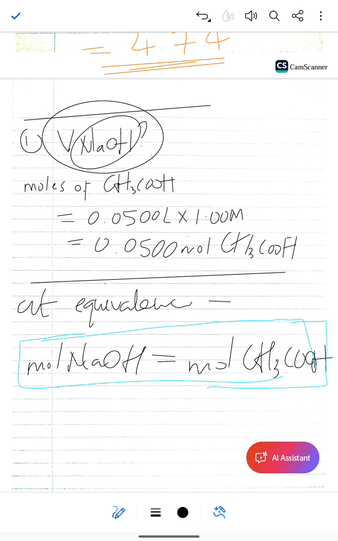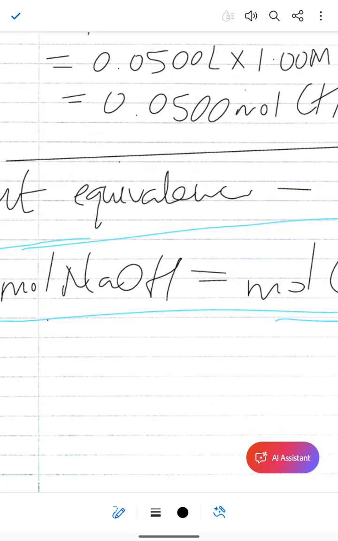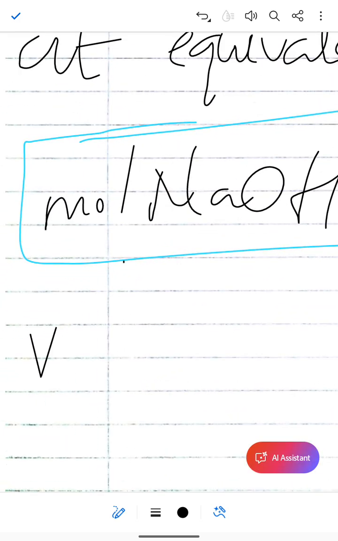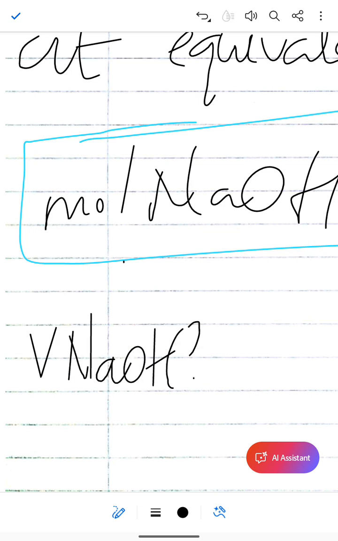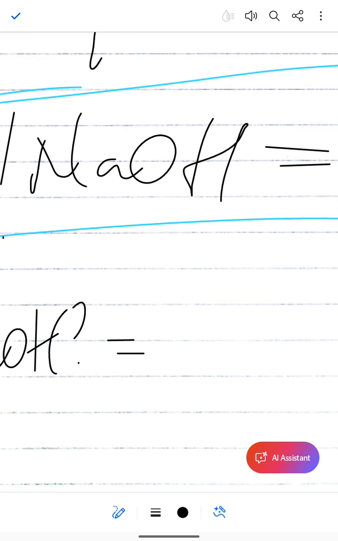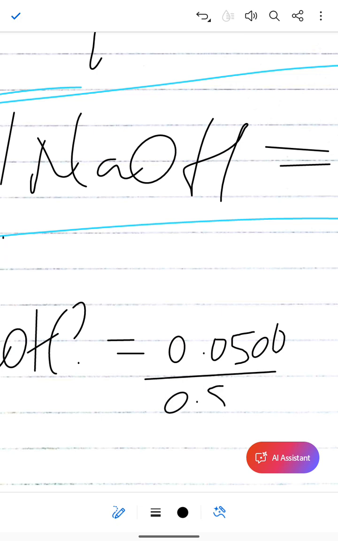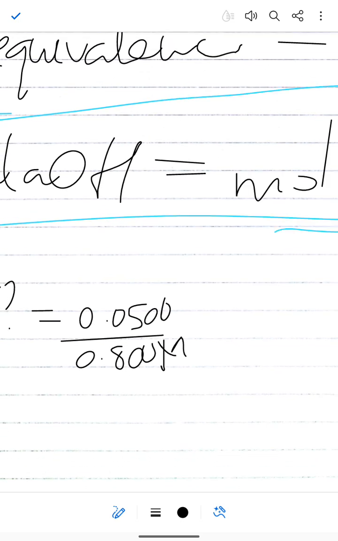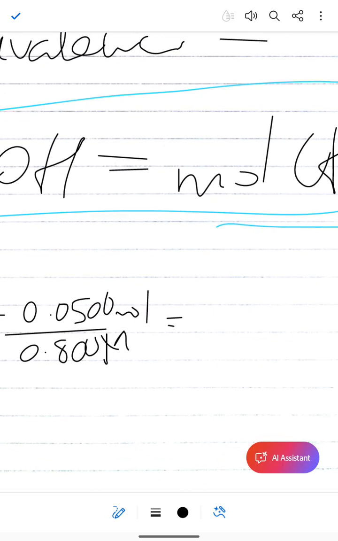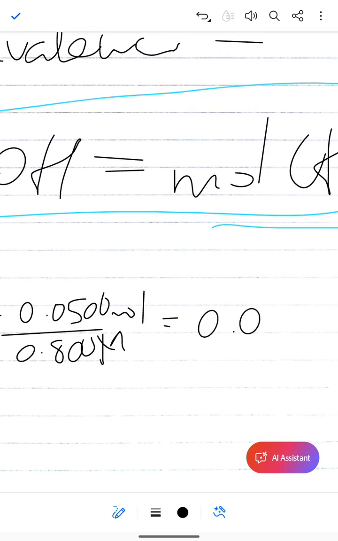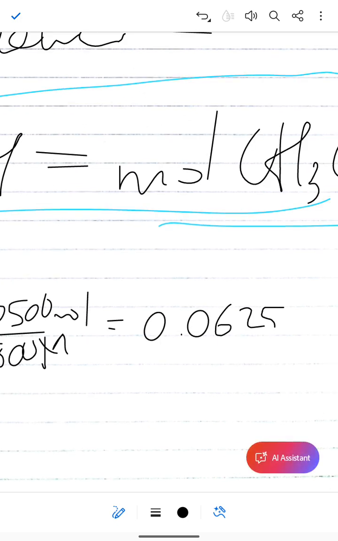And then that means we can now find the volume of sodium hydroxide. So finding the volume of sodium hydroxide that we didn't know is simply 0.0500 moles divided by the molarity we're given in the question, and this will give you 0.0625 liters.